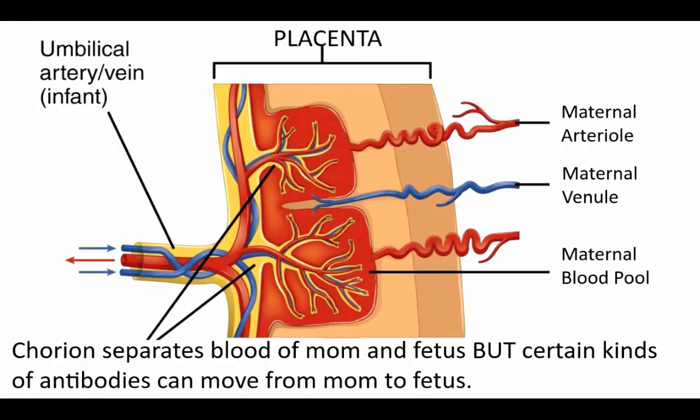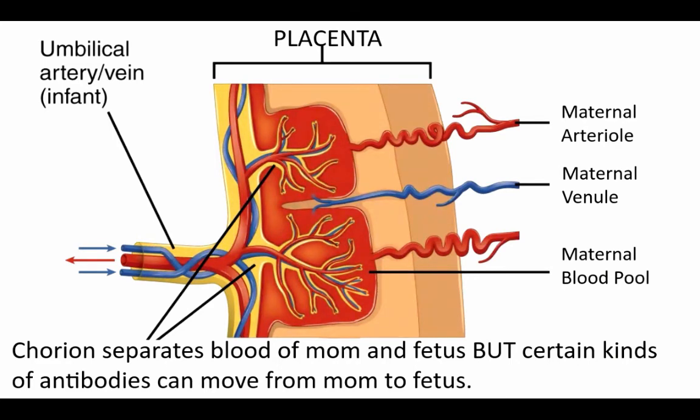So this is just showing you up close and personal. There's umbilical cord with the blood supply going to the fetus, and then the mom's blood supply. And normally, what's sort of a mustard color here, the chorion separates the blood circulation of mom and fetus.